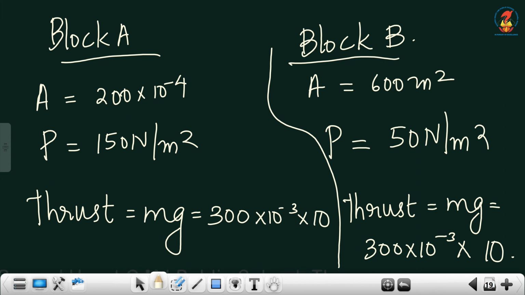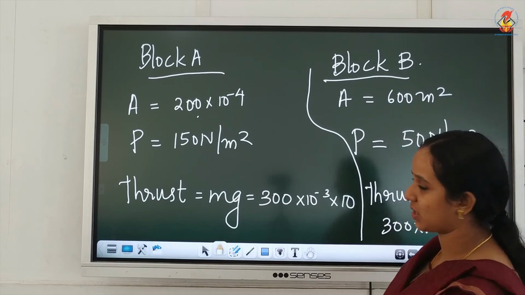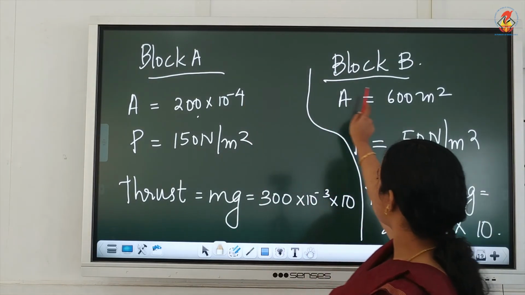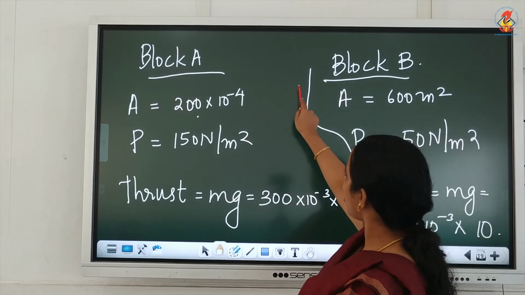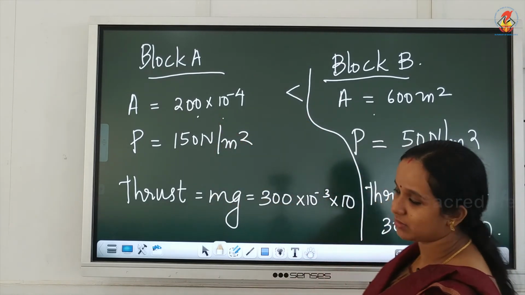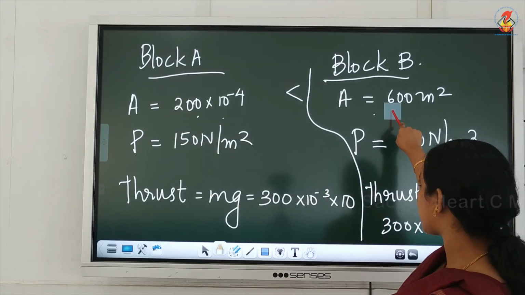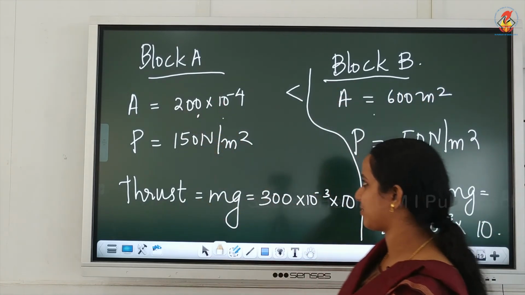Just see, here the area was 200 and pressure is 150. Here the area is 600 and pressure is 50. So compare the area of block A and block B. The area of block B is greater than the area of block A. Block B has an area of 600, while block A only has an area of 200.